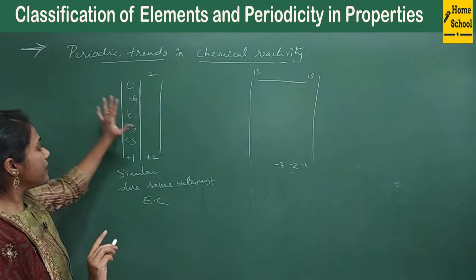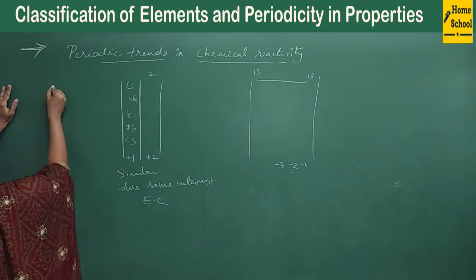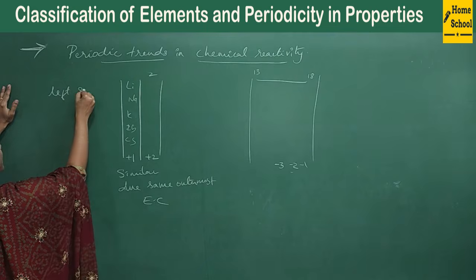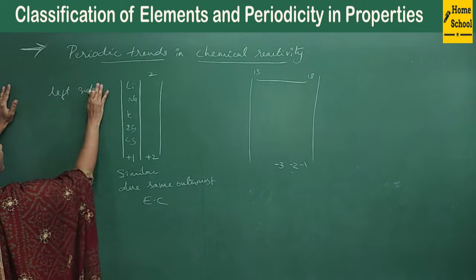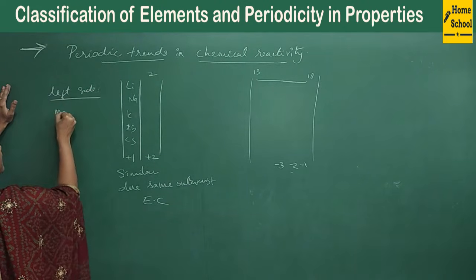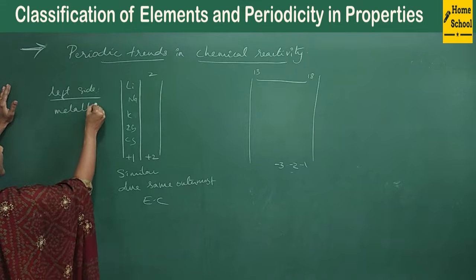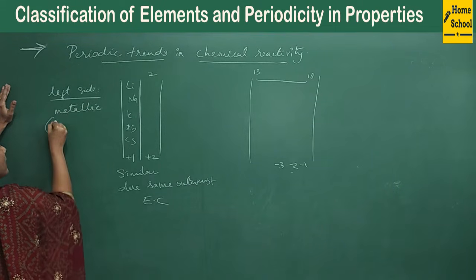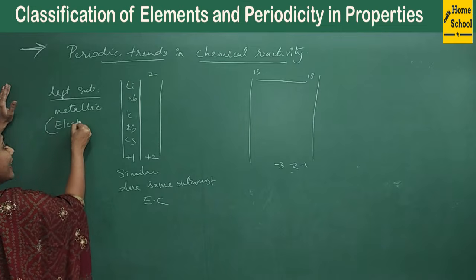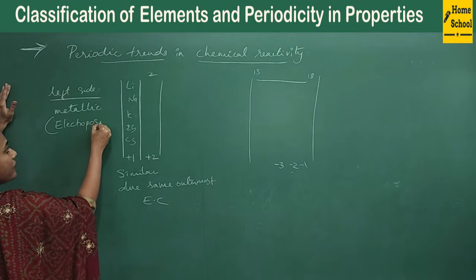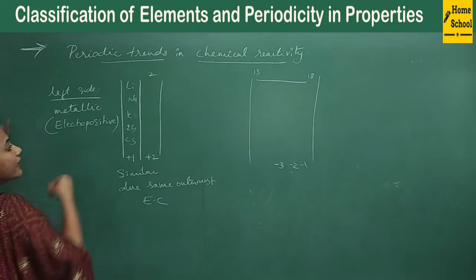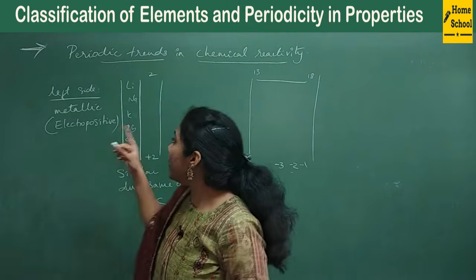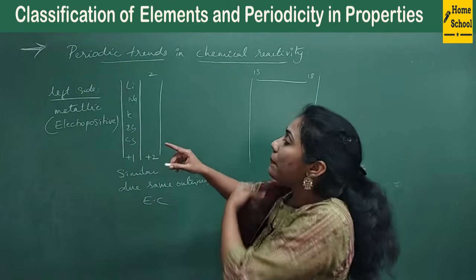You see the left side elements. Let me write here. Left side elements are always metallic in nature. In other words, I can call them electropositive. So what do you mean by electropositive or metallic?